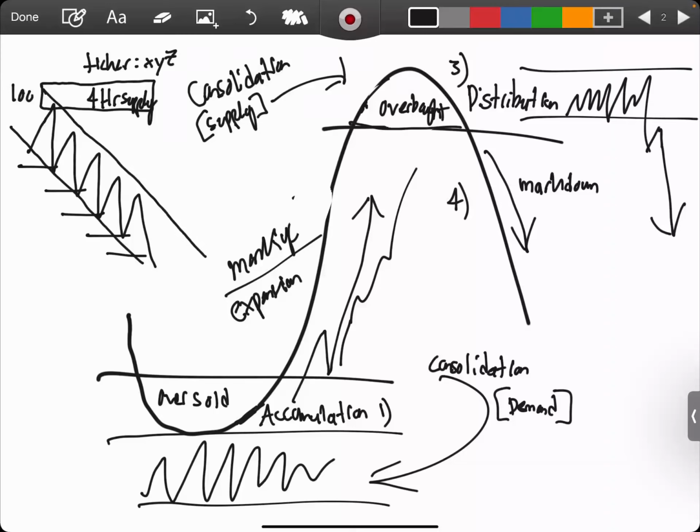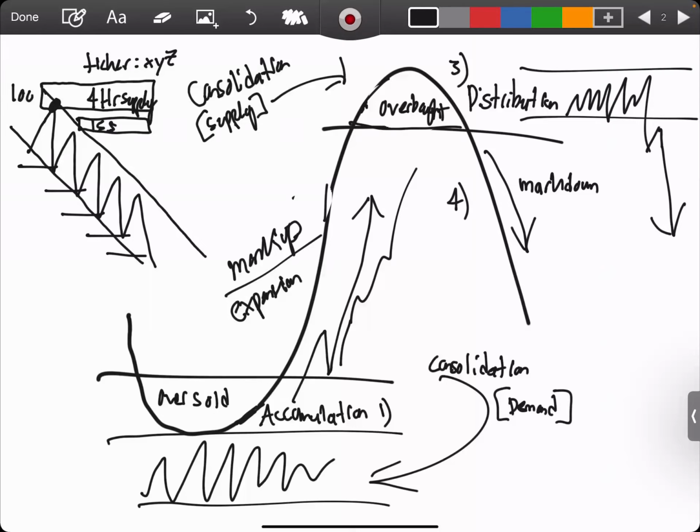Institutions, once price taps into this 4-hour supply, we're going to go down to, let's say, 15-minute supply. I'm just going to call this M15 for the sake of simplicity. We're going to have our 15-minute supply.